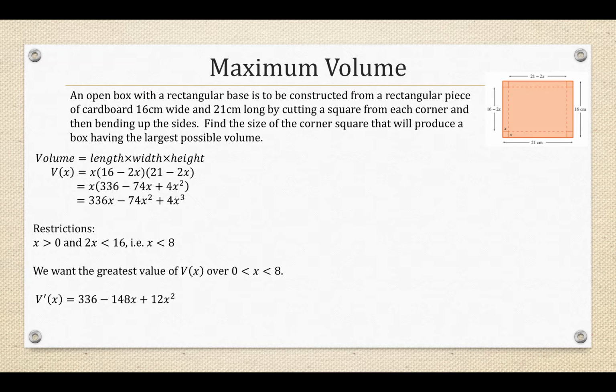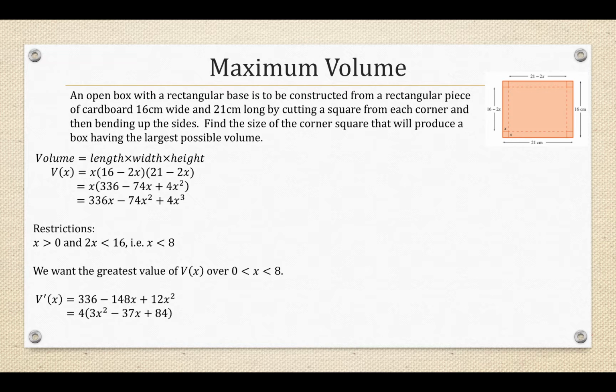So that will give us 336 minus 148x, because 2 times minus 74 is minus 148, x plus 12x squared, because 3 times 4 is 12, and then we subtract 1 from the power. Now I want to factorize this as far as possible.